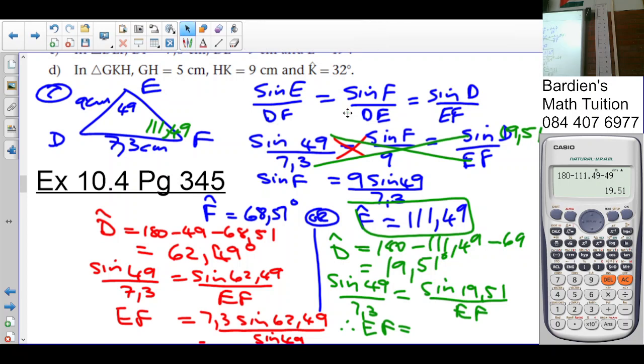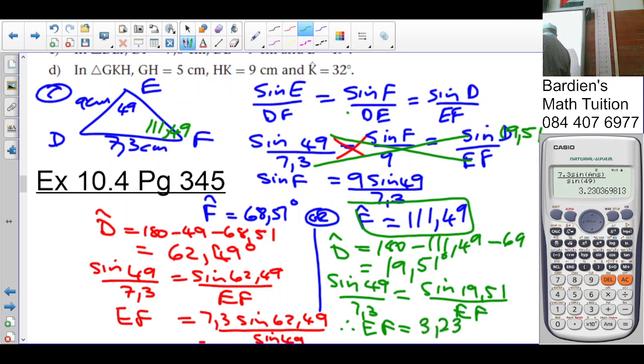So EF will simply be 7.3 sine 19.5, which is the answer calculated, over sine of 49. That gives us 3,23. Is that correct? Yeah. Okay.